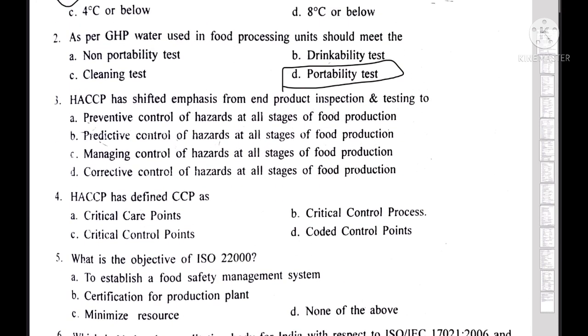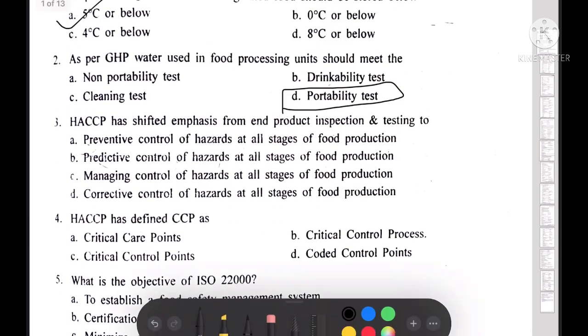Next, HACCP has shifted emphasis from end product inspection and testing to. The options are: preventive control of hazards at all stages of food production, predictive control of hazards at all stages of food production, managing control of hazards at all stages of food production, or corrective control of hazards at all stages of food production.